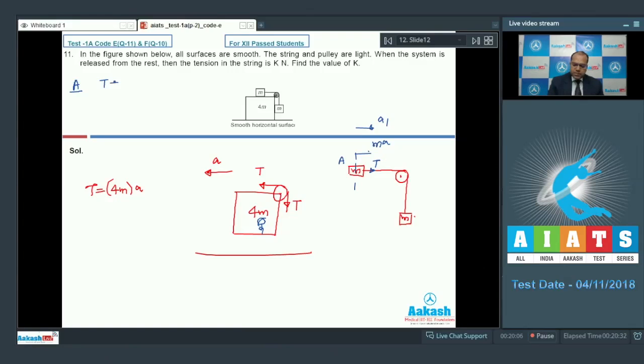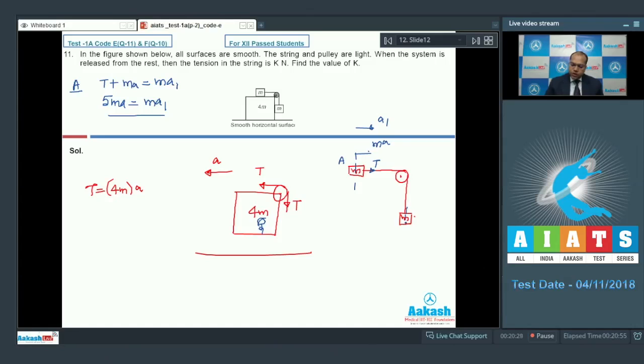So T plus ma is equal to m into a1. So I am writing this equation in the frame of the 4m wedge. Substituting the value of T, that is 4ma, it is equal to 5ma is equal to m into a1. So this is my another equation.